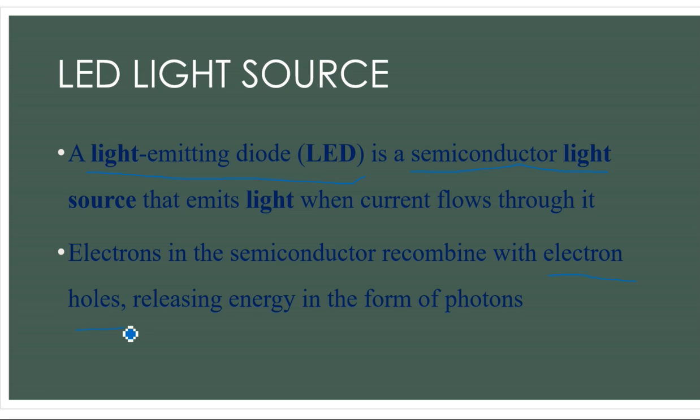So this electron hole is basically a sort of quasi-particle, different from a positron. Positron is what? Antiparticle of electron. All of you know, these electron holes are different from positron. Right? So whenever electrons in the semiconductor recombine with the electron holes, they release a lot of energy in the form of photons. And photons you already know, related to light generation. Right?